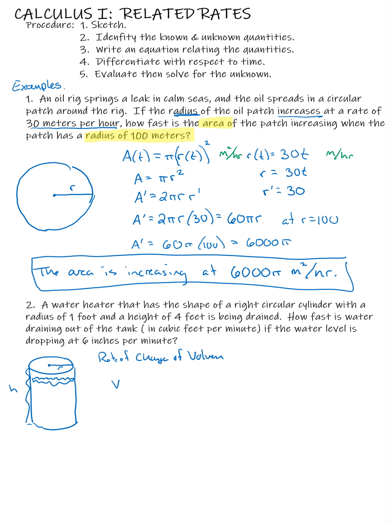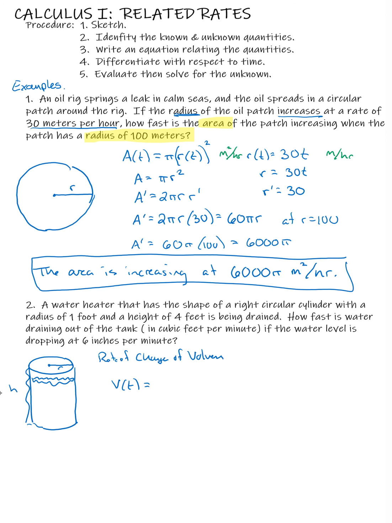So we're going to have to come up with an equation for the volume. Notice in example 1, it told us the area. That was already given to us, so we didn't have to think through what it is. In this case, it doesn't actually say volume, but that is what we're looking at. All right, well, we'll need an equation for this volume.